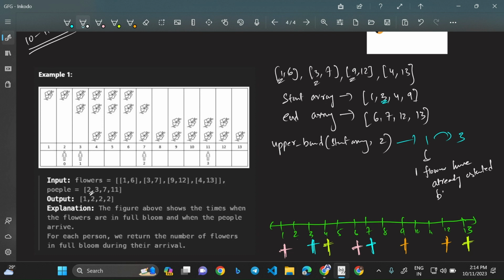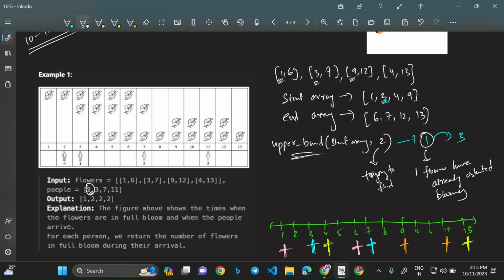If I apply the upper bound with 2 on the start array, I'll be redirected to the first index, because the value at the first index is just greater than the value I'm trying to look for. I found 3, and 3 is at index 1. This indicates that there is one flower that has already started blooming.